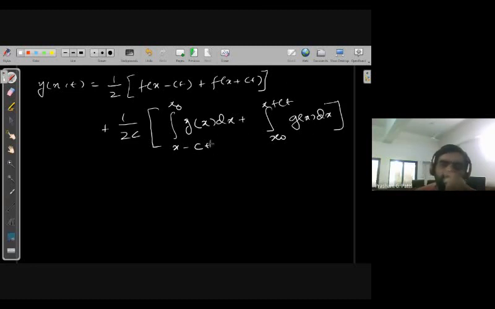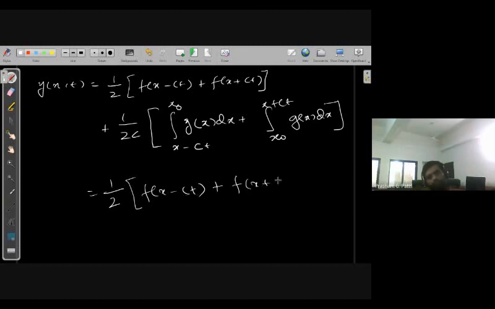And if I combine these two integrations, because one is from x minus ct to x0 and the other from x0 to x plus ct, finally we'll have the solution for the one-dimensional wave equation for an infinite string: integral from x minus ct to x plus ct of g of x dx.